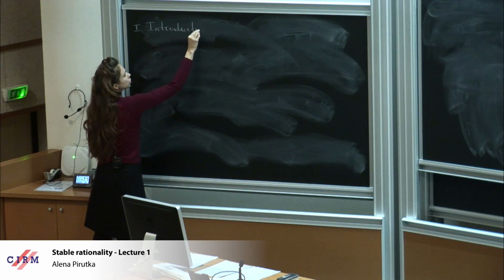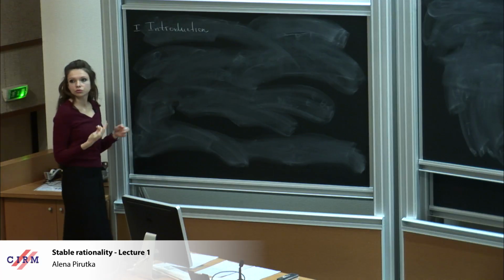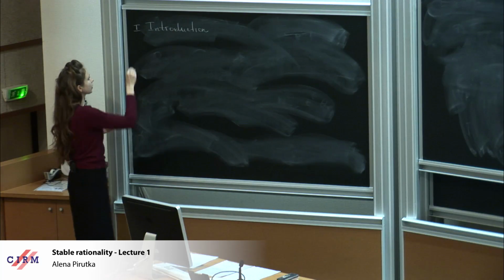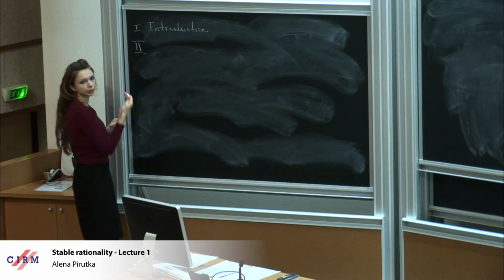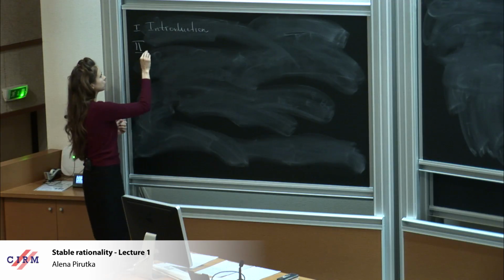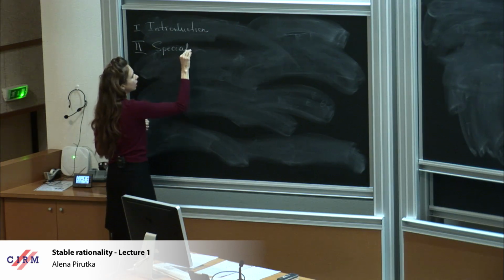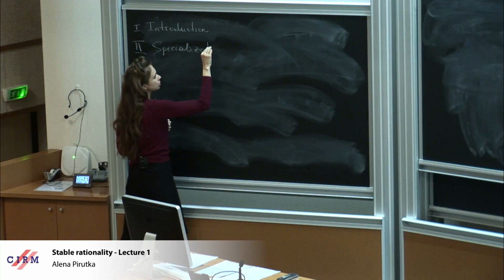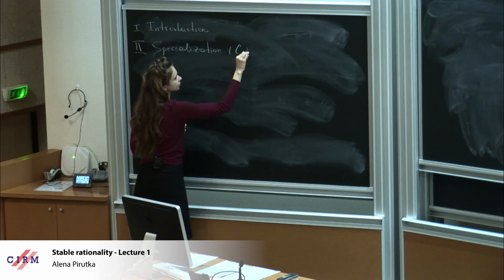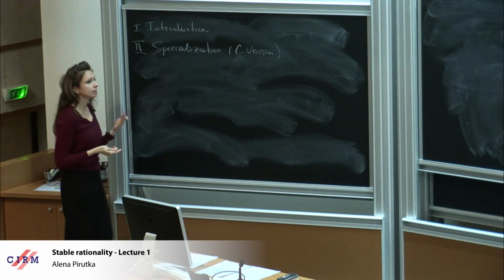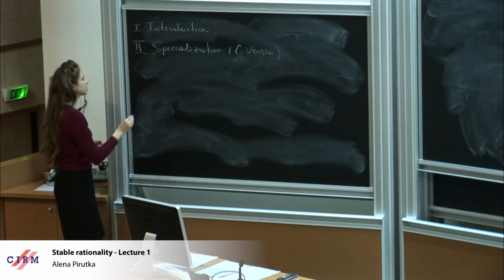So introduction to classical notions of rationality, some classical results, and some recent statements. And then we'll go into discussing the specialization methods due to Claire Voisin that allow to have some recent advances on these questions.